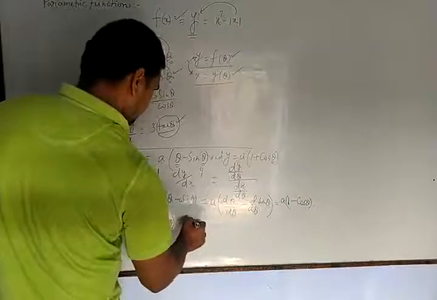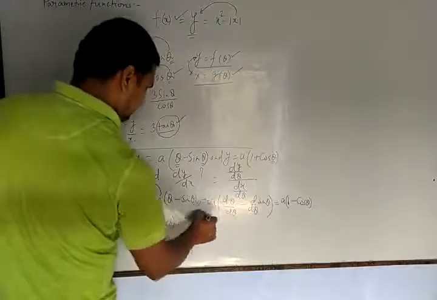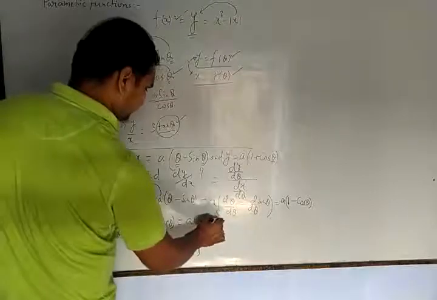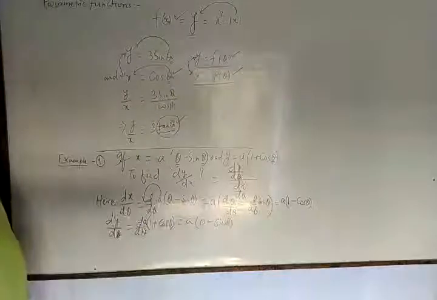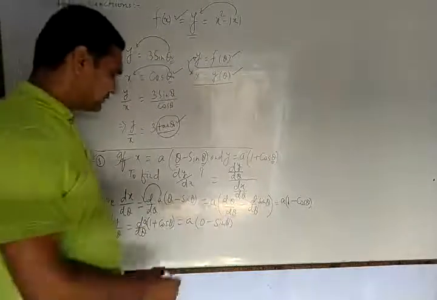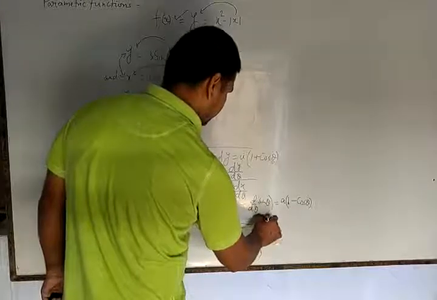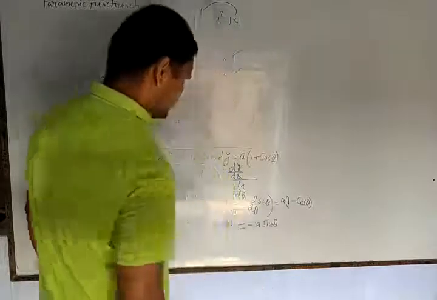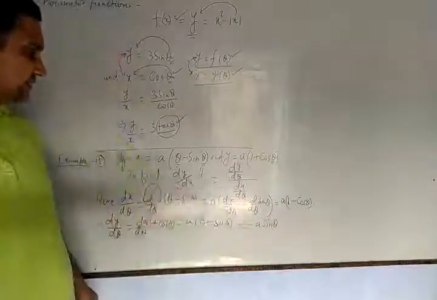And what is the derivative of 1? 1's derivative is 0. Plus cos theta derivative is minus sin theta. I am doing it directly here, okay? So that will give you minus a sin theta. So it is giving us dy by d theta is minus a sin theta.